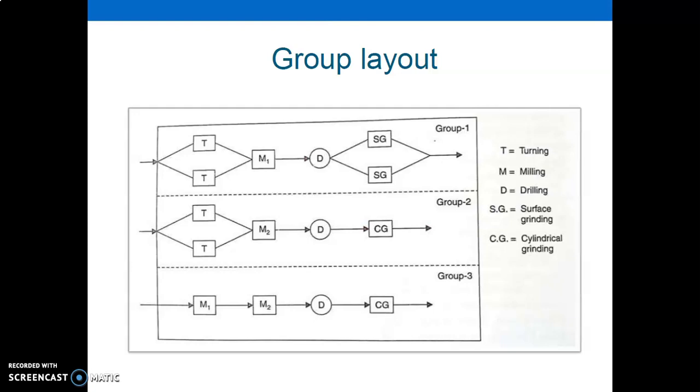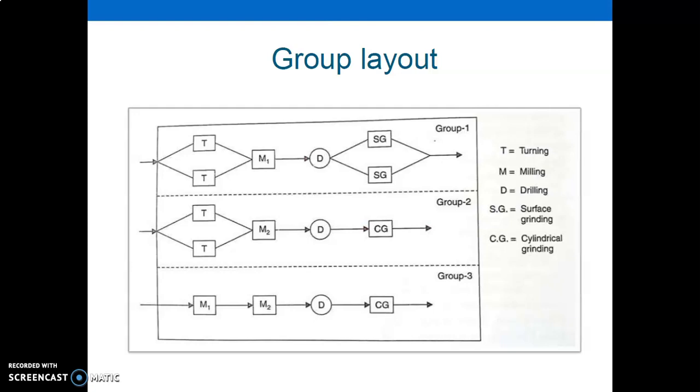So we have 5 machines over here and we have 3 groups. Now we have arranged all the machines in one line according to manufacturing process requirements. Suppose the first group needs to travel from turning, then milling, then drilling and surface grinding, then it goes to the next level.